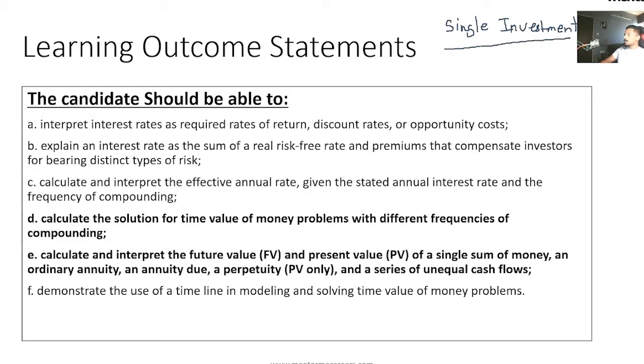But now we can also look at two kinds of cash flow. One is that it keeps on happening, so more than one is possible. And also the scenario of uneven cash flows. So how do we deal with it in terms of calculator as well as in terms of manual calculation? Let's try to figure this out.